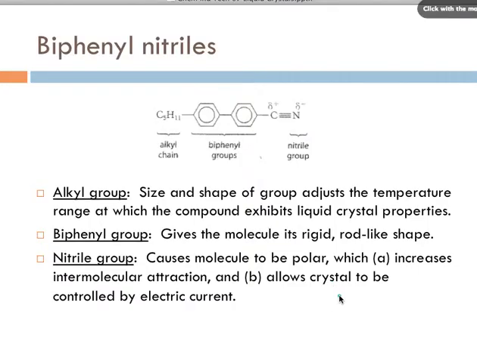As mentioned quickly before, this alkyl chain is going to adjust the temperature range at which the compound exhibits liquid crystal properties. And the reason is it is this group that makes the molecules less likely to be closely packed.